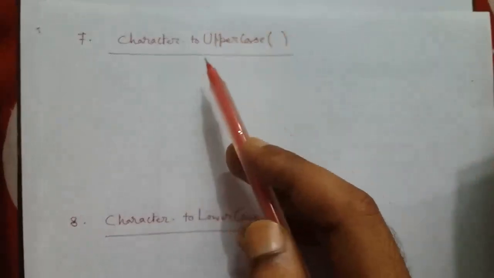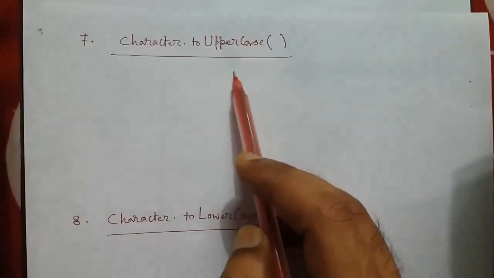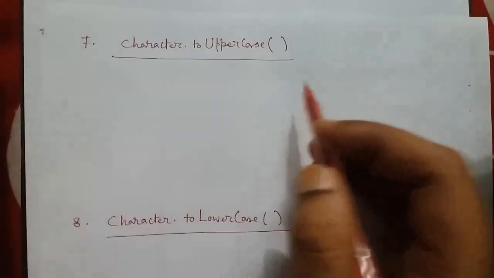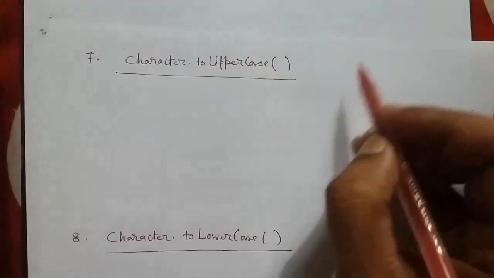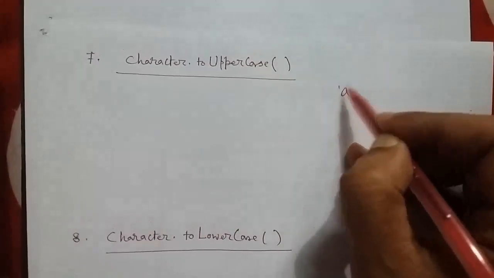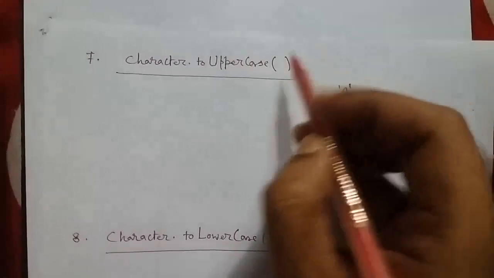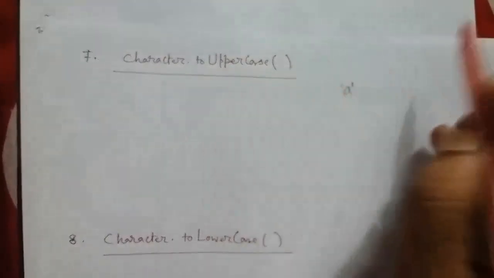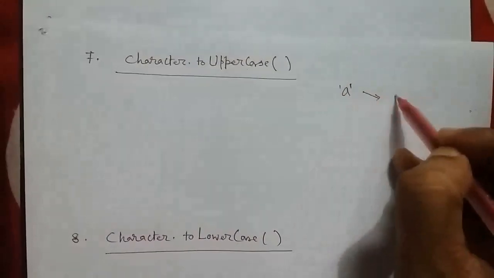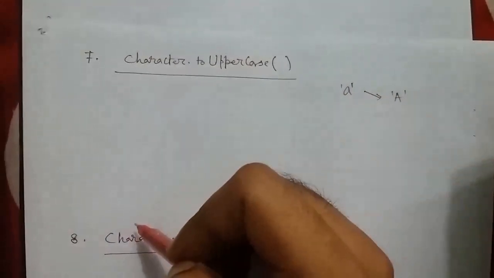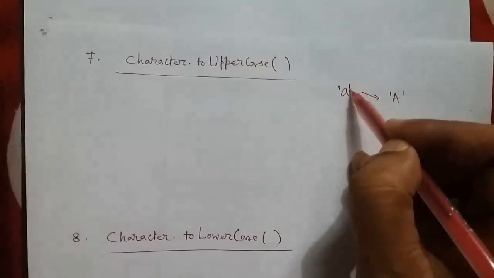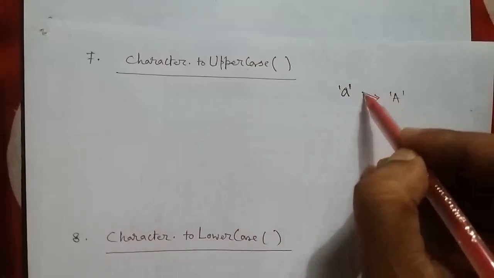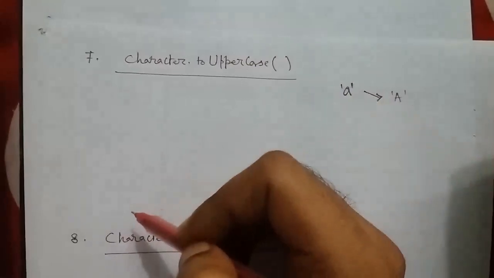Now the next method is Character.toUpperCase. What is the purpose of this method? This method returns the given argument as an uppercase character. That means if a character like small a is given to this method, Character.toUpperCase, then it will return capital A. The letter which is in lowercase will be converted into uppercase.